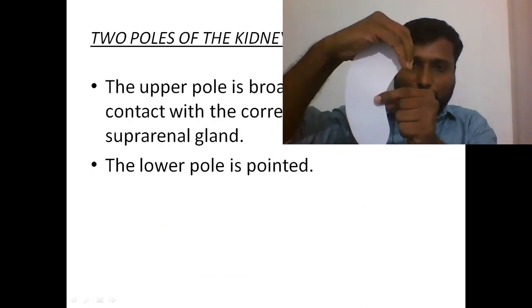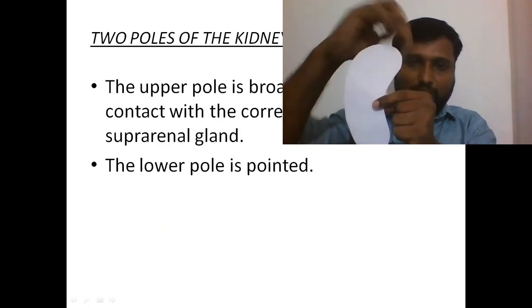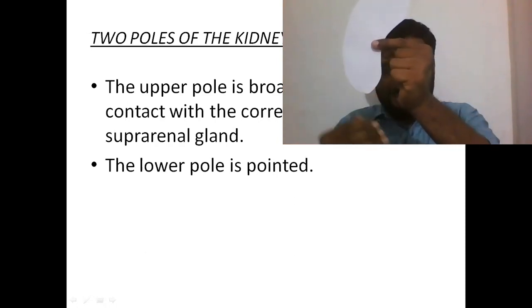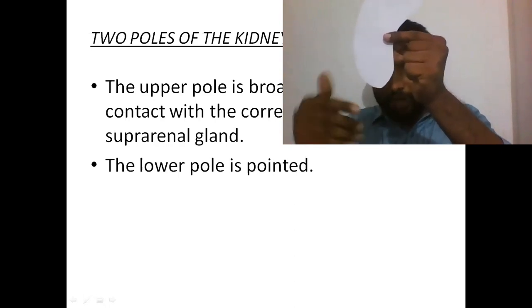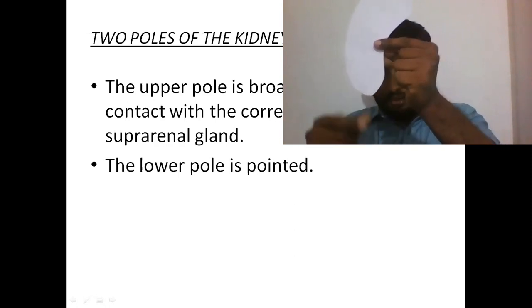What structure lies on the upper pole? The suprarenal gland. The upper pole is related to the suprarenal gland and it is broad. The lower pole is pointed and it lies around 2.5 centimeter above the iliac crest. The iliac crest, as you know, is the upper border of the ilium.